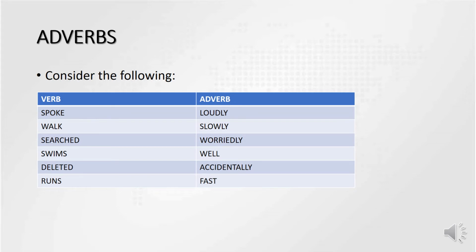Walk slowly, they searched worriedly. He swims well. The document was deleted accidentally. The boy runs fast. So all the examples on the right-hand side are modifying the verbs or provide more information about how the verbs were actioned, which is the verbs that are on the left-hand side.